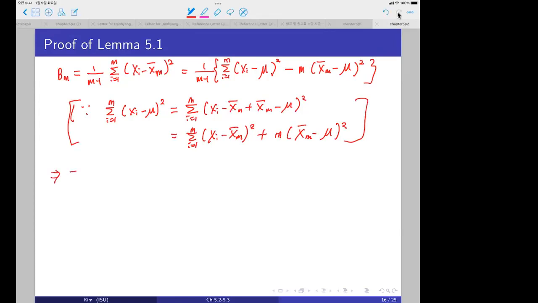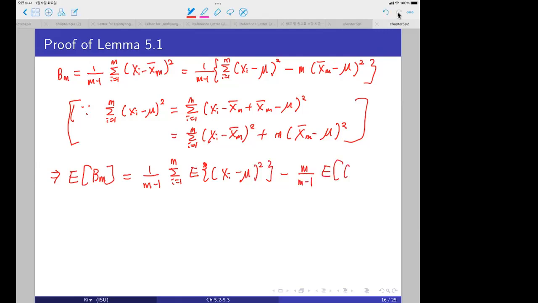So that means the expectation of BM is 1 over M summation of the expectation, minus M over M minus 1 expectation of (x bar M minus mu) square.